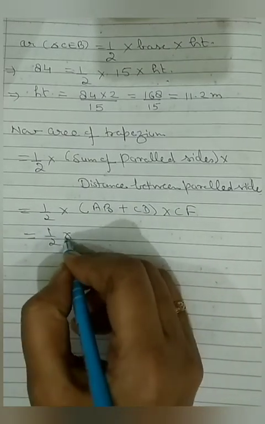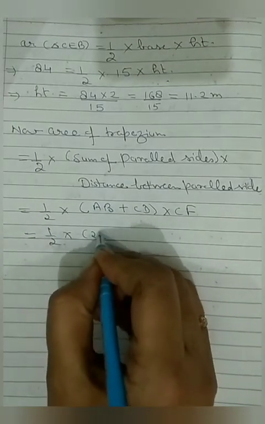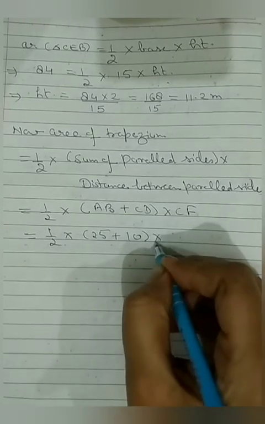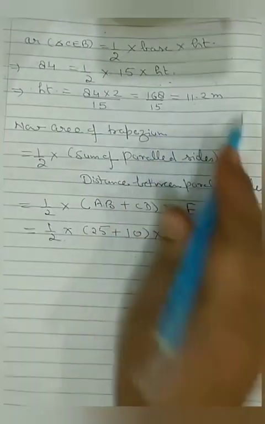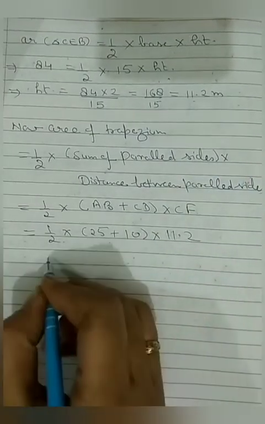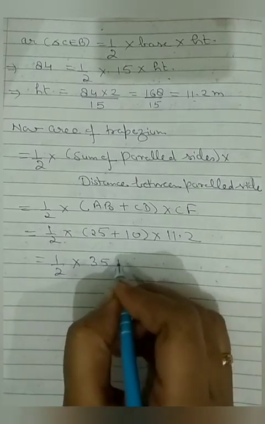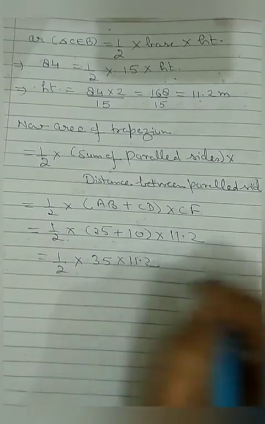Half, value of AB if we put, that is 25, CD is equal to 10 and CF we have calculated 11.2. If we calculate it, it gives 35 into 11.2.